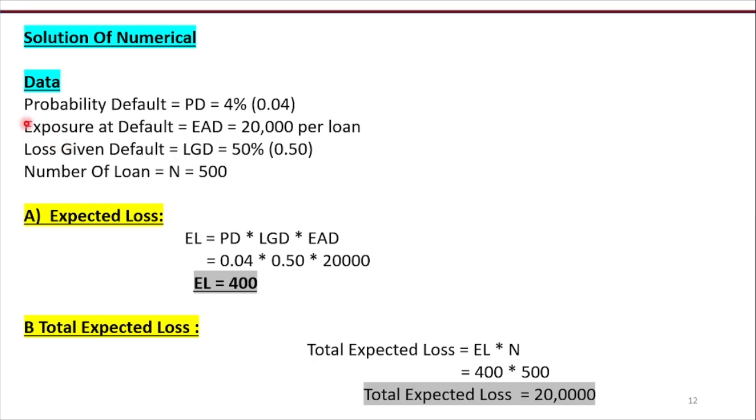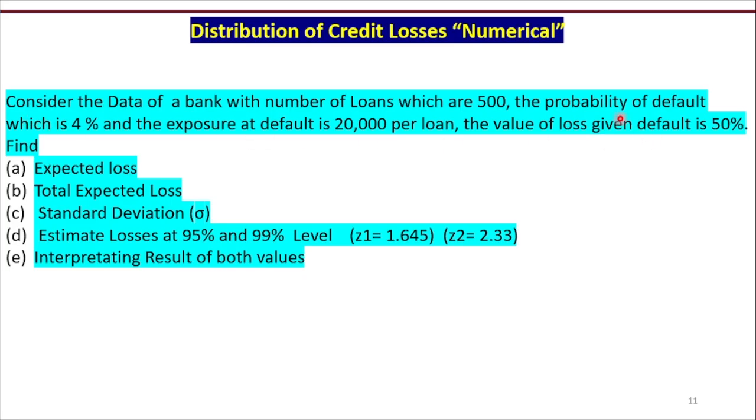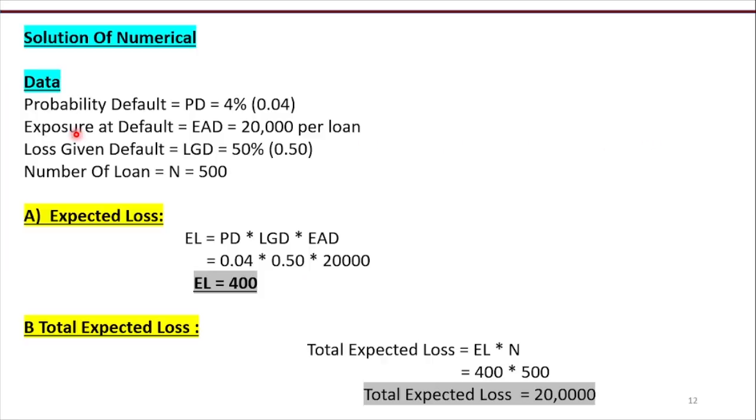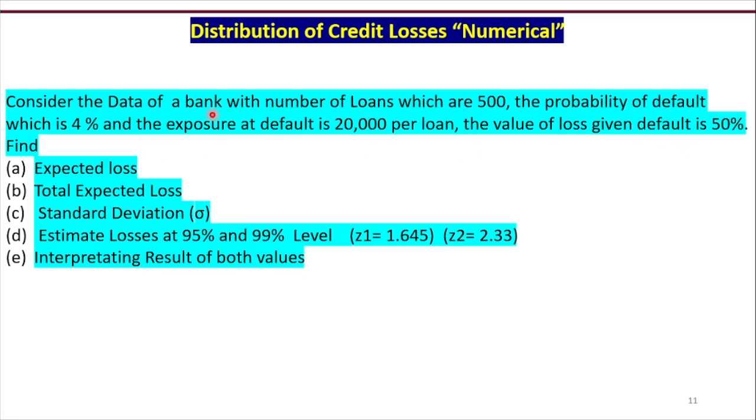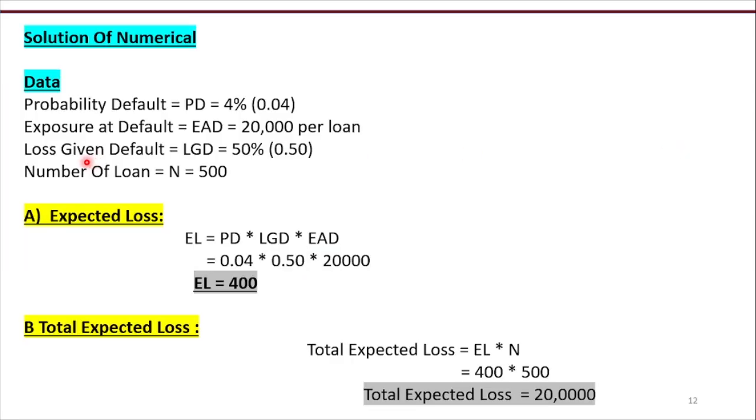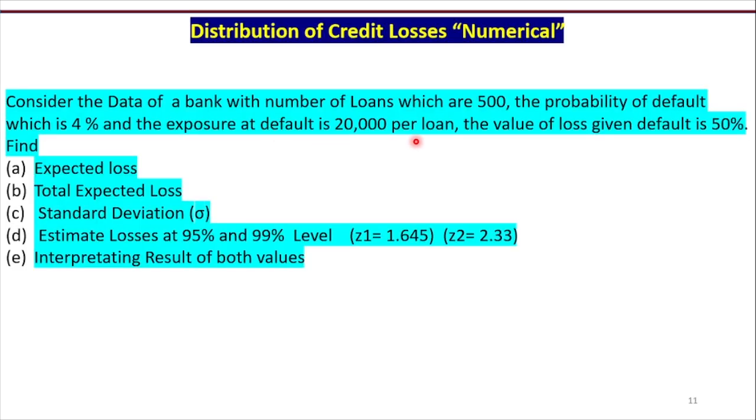So probability of default, which is 4%. We convert the percentage into decimal, so 4 divided by 100, we get 0.04. Second, the exposure at default, EAD, equals 20,000 per loan.